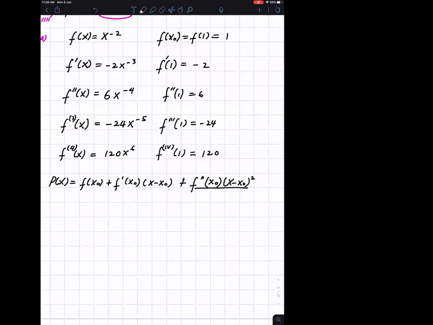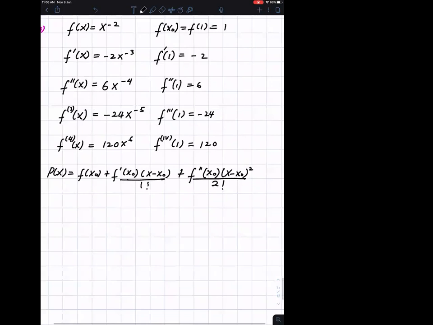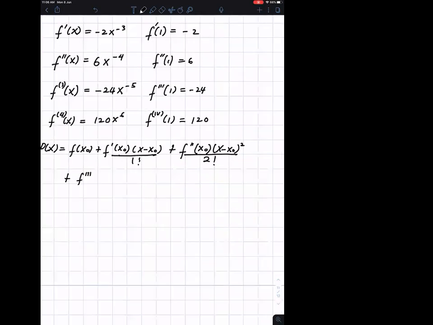Over 2 factorial, 1 factorial, and then third derivative, before factorial.